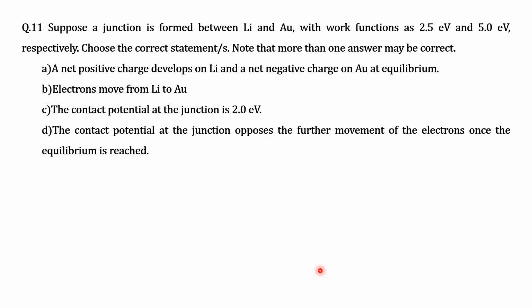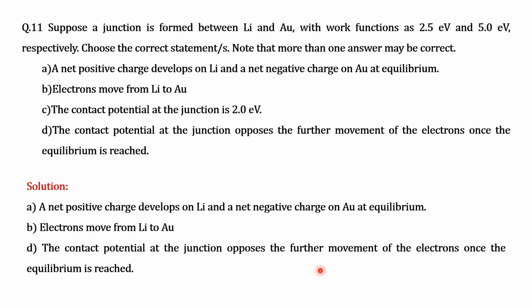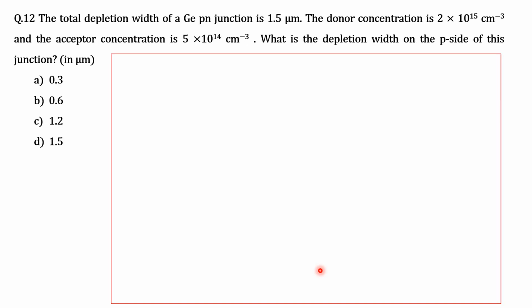Hence, options A, B, and D are correct and option C is wrong. A positive charge develops on Li and a negative charge on Au, electrons move from Li to Au, and the contact potential opposes further movement of electrons once equilibrium is reached. All these three options are correct.